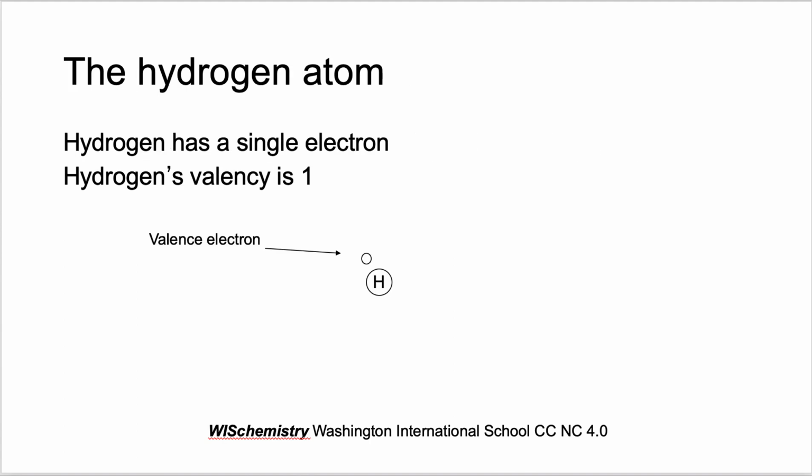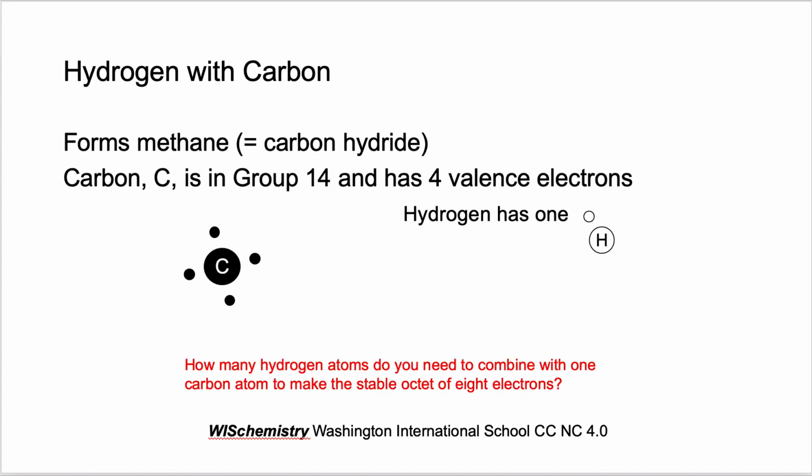So here's hydrogen with the nucleus with the H in and the valence electron, and here's carbon, 4 valence electrons, and it also has 2 other electrons in an inner shell which aren't taking part in bonding. And there's hydrogen again on the right, and pause while you answer how many hydrogen atoms we'll need to combine with the carbon atom to make a stable octet of 8 electrons with sharing.